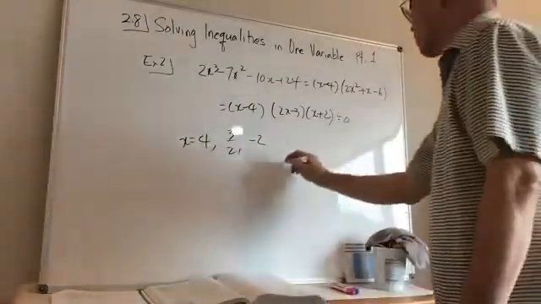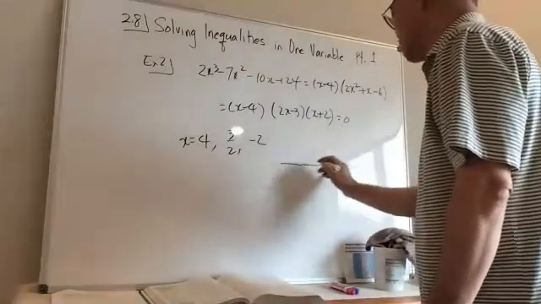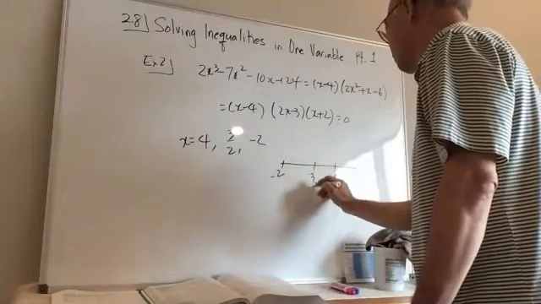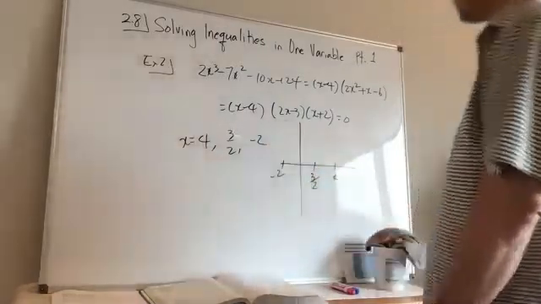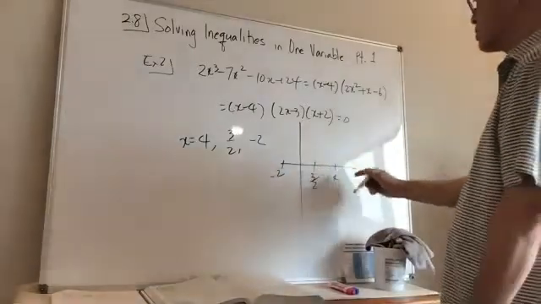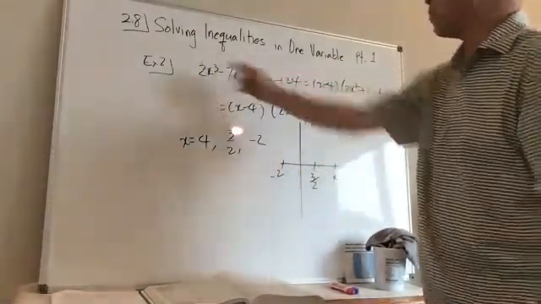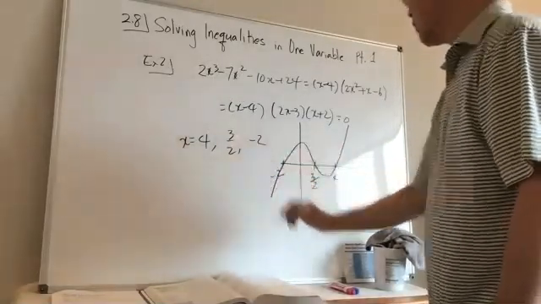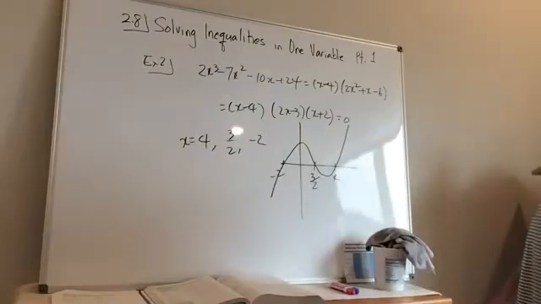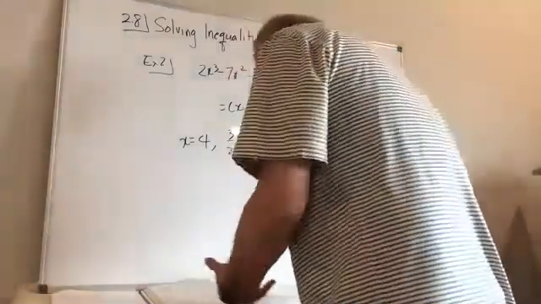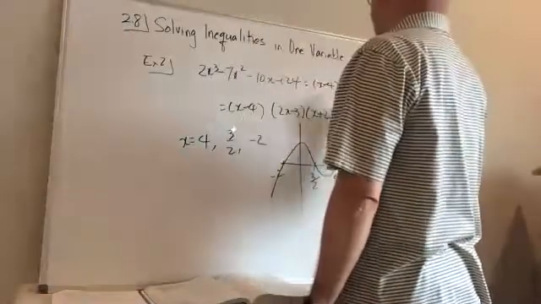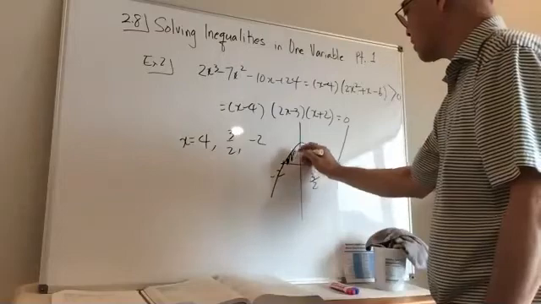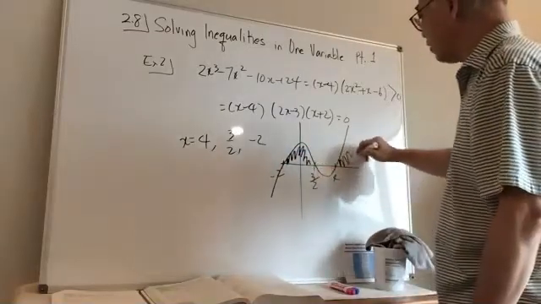Okay, so if I go ahead and draw that, I get 4, negative 2. These are my roots. I'm going to start from here because I have a positive coefficient. It goes like that. Now the actual question was, when is it greater than 0? It is greater than 0 here and over here.